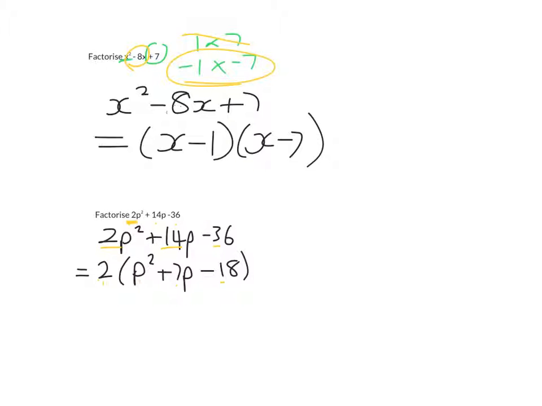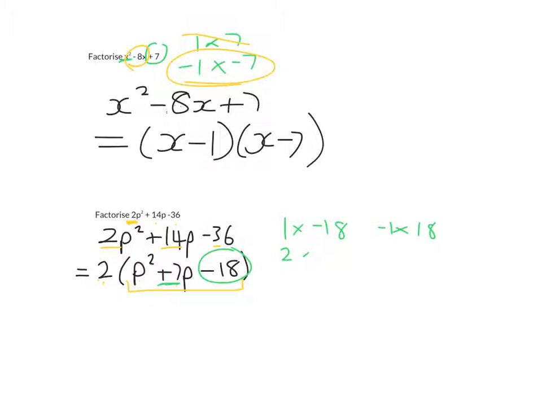What we can now do is take what's inside that bracket and factorise that like we did the previous couple of examples. So I'm going to be looking at the factors of negative 18 that add up to positive 7. So I'll list down the factors of negative 18. We could have 1 by negative 18, or negative 1 by 18.